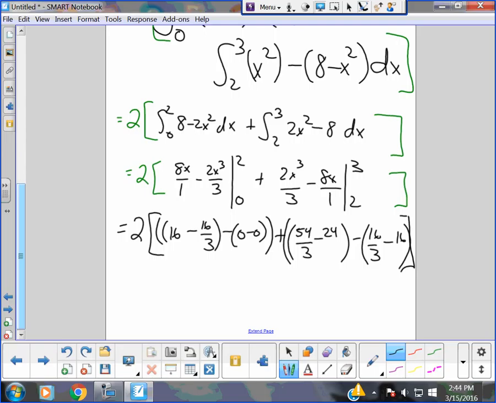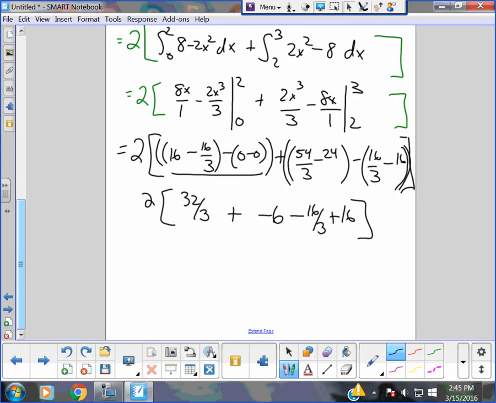All right. 2 times 48 minus 16, how about 32 thirds for this one right here, plus 54 divided by 3 is 18. So that's negative 6 minus, now let's distribute the negative, to negative 16 thirds and then plus 16.